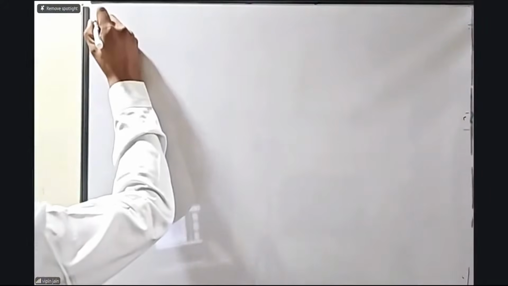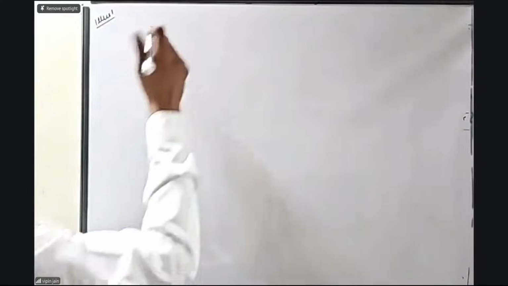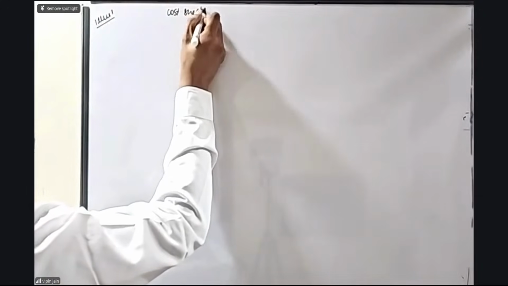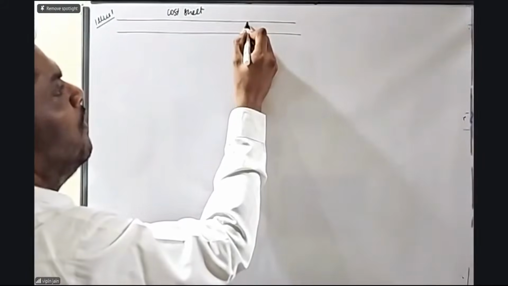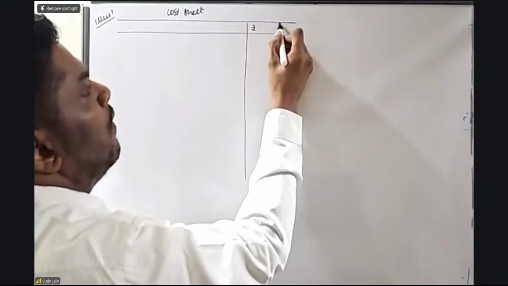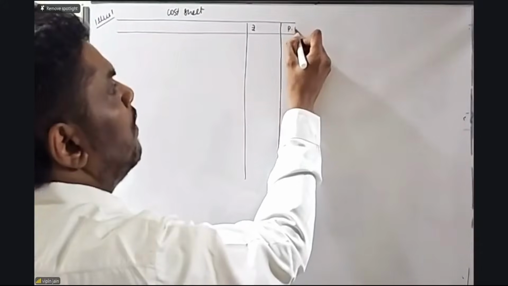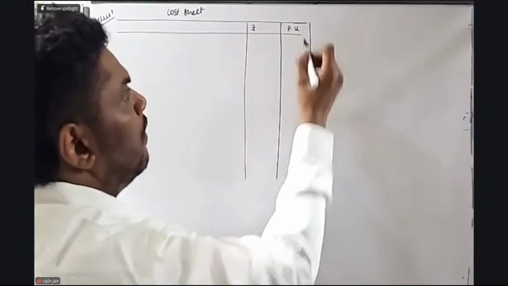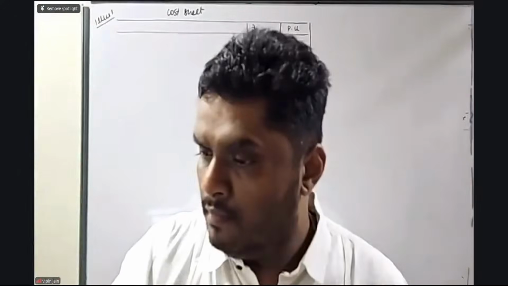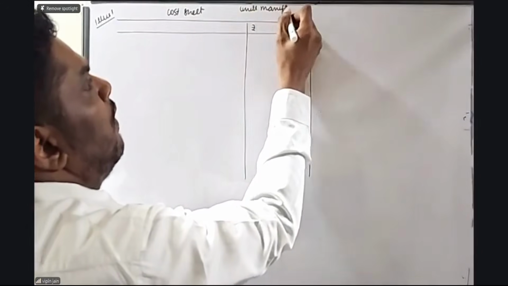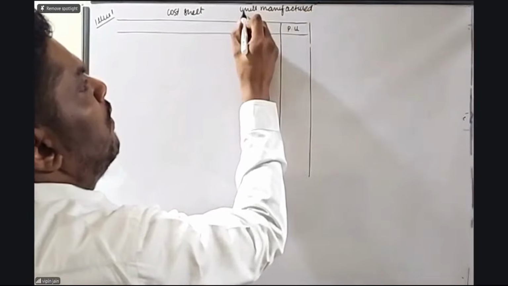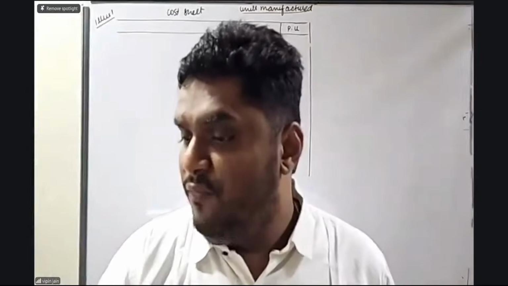So let's start. Units manufactured is 4,000 units.